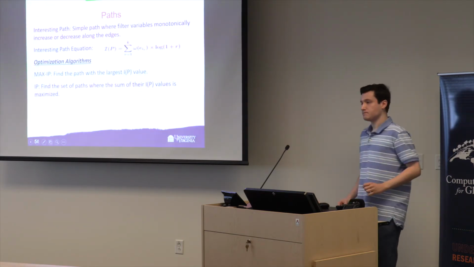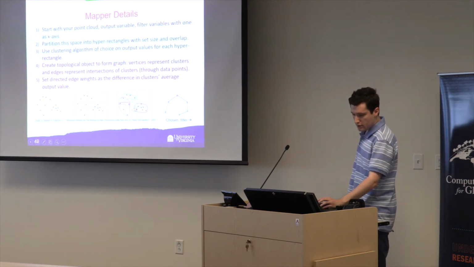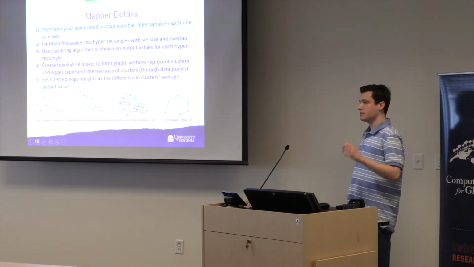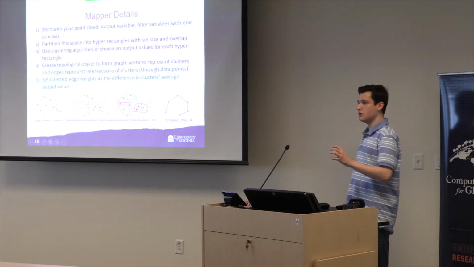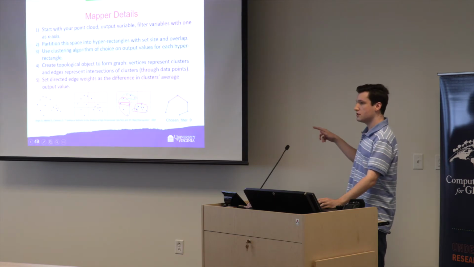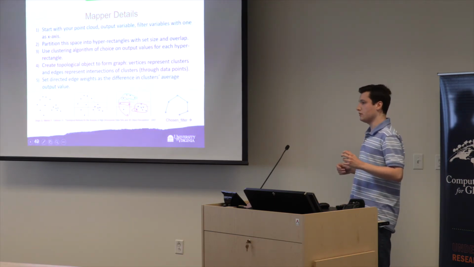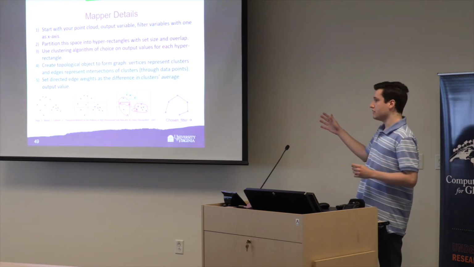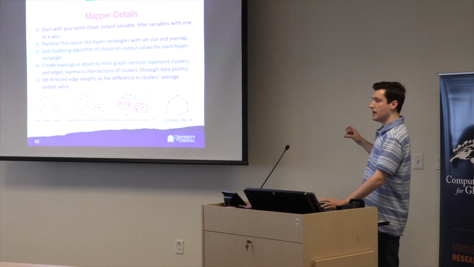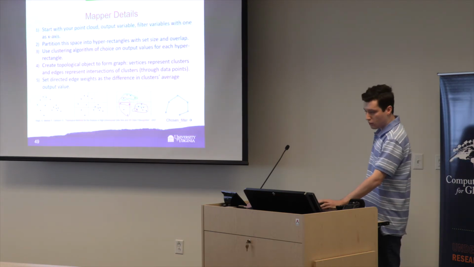For interesting paths, let's refer back to when we talked about how for each cluster we took the average and took a difference to get the directions. We could do a similar thing with filter variables: take the average and take the difference between them, make it 1 if it's positive going this way to that way, 0 otherwise.